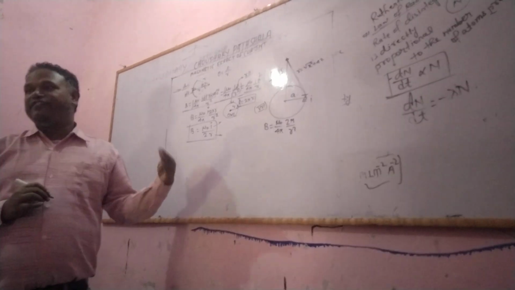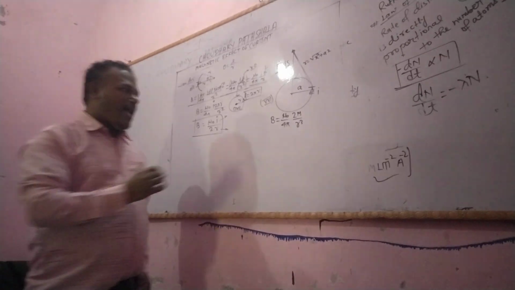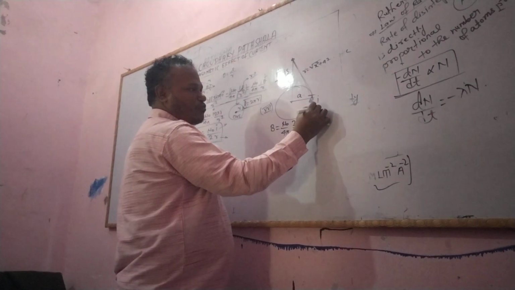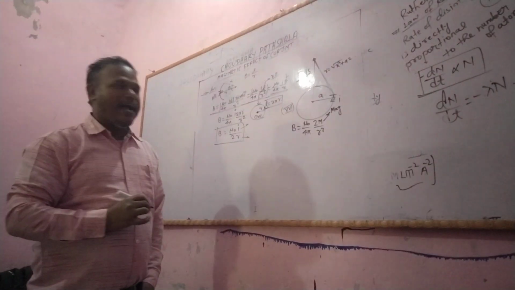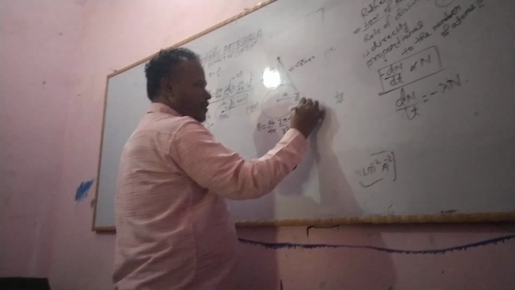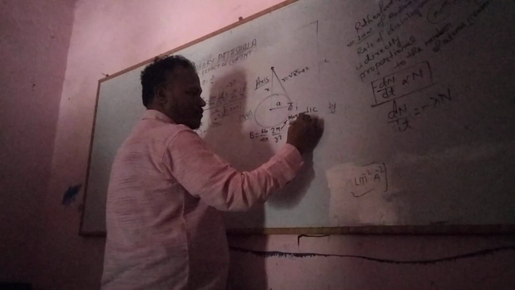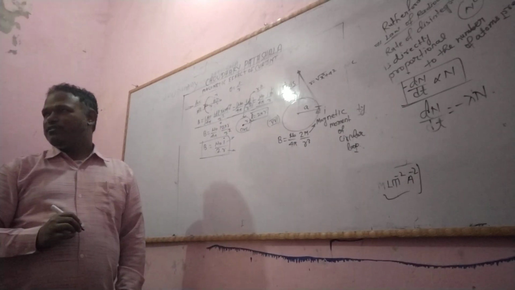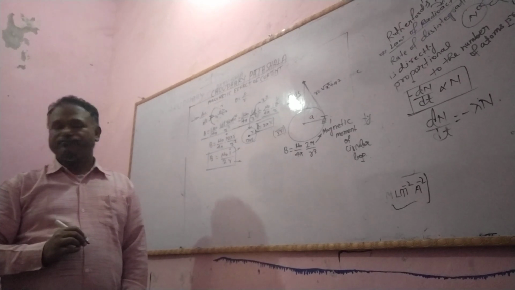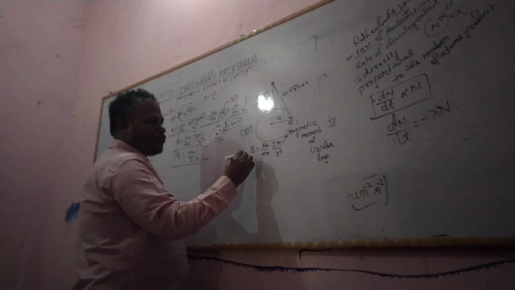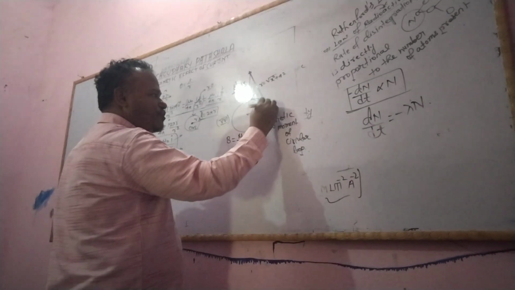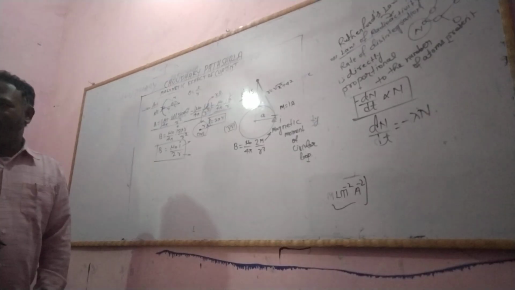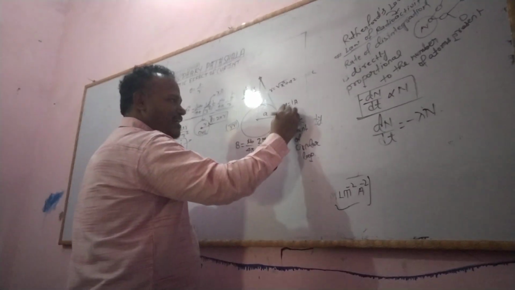Now what is m? Here I have taken a new term m. M is considered the magnetic moment of this loop. This is also objective. What is the magnetic moment of a circular loop? The magnetic moment of a circular loop is given by m equals I into the area of the circle.